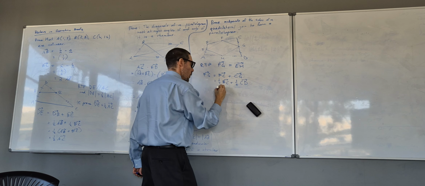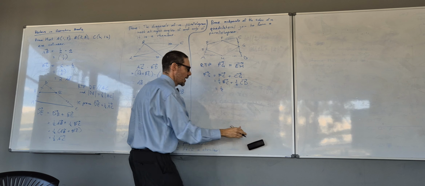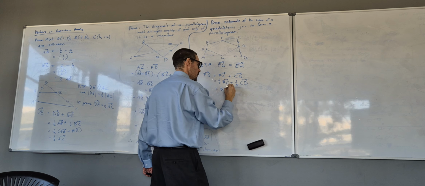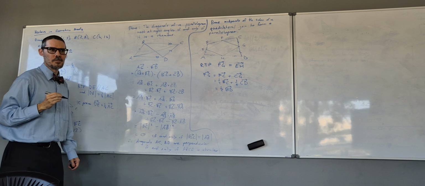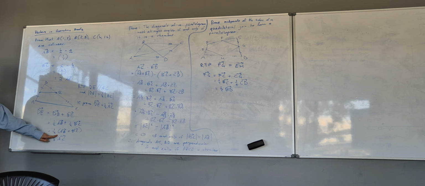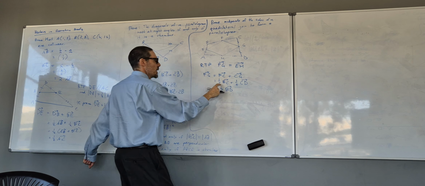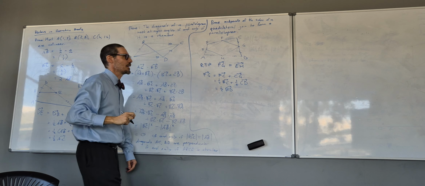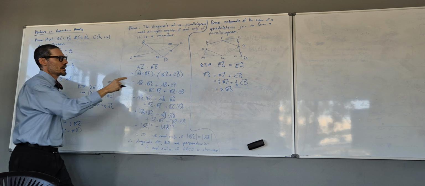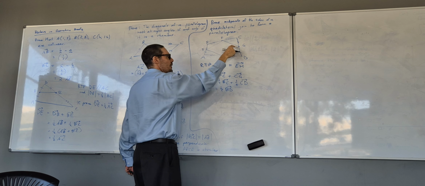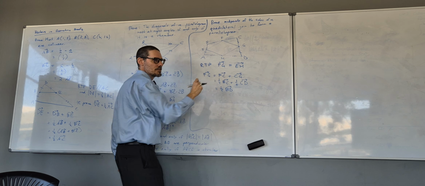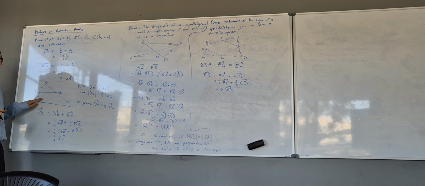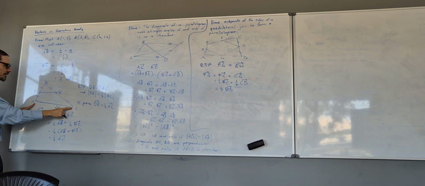Which, like we had before, is half of... Do you want me to write the extra line, or are you happy if I go straight to BD? That's fine. Where'd you get BD? It's just BC plus CD. BC plus CD is the same as going straight from B to D. So this is half of that. In fact, it's the same as this. This is half of that.